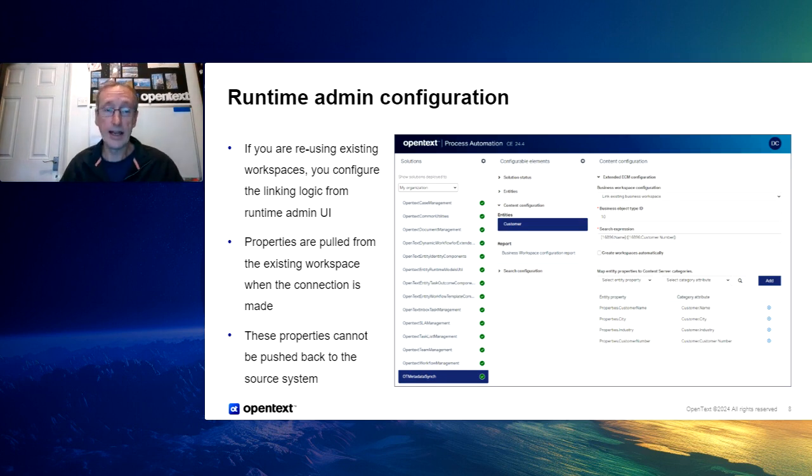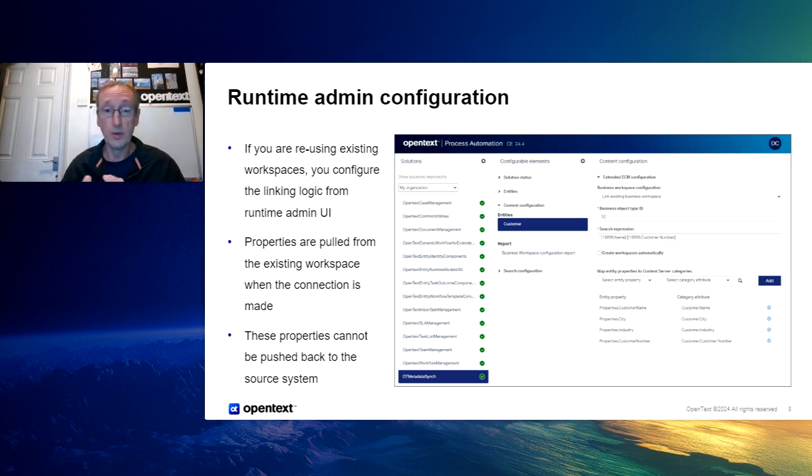In that case, we allow you to link to an existing workspace. There's some more configuration you can do here in the administration interface of process automation, where you can configure how to find that workspace and link it. And if it's an existing workspace, then again, here we can define which properties we want to pull over from the existing workspace. So there's two places to do some configuration to map these properties.